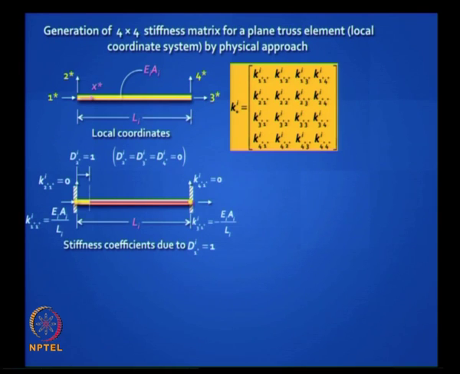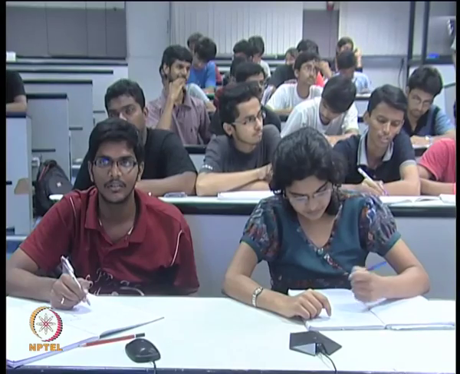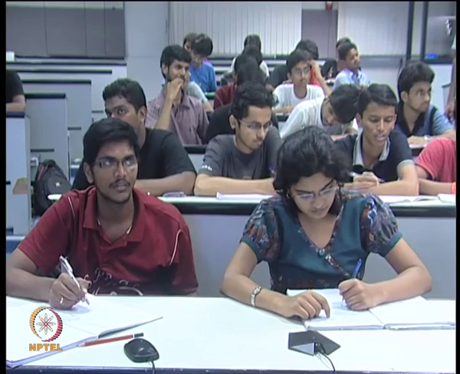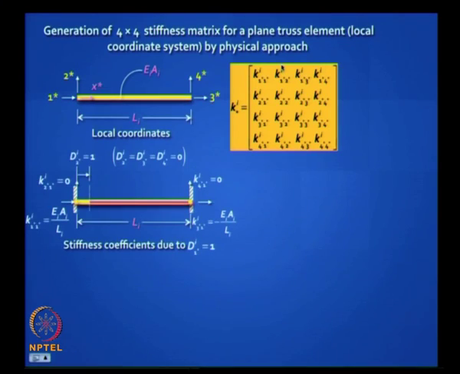Next sketch is going to be tricky. Now you apply d2 star equal to 1, draw it like what? Draw it. Give me the 4 values. In other words, help me fill up this column, because we have already filled up the first column.